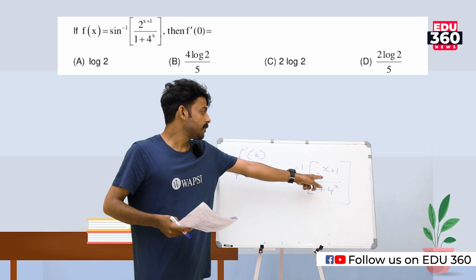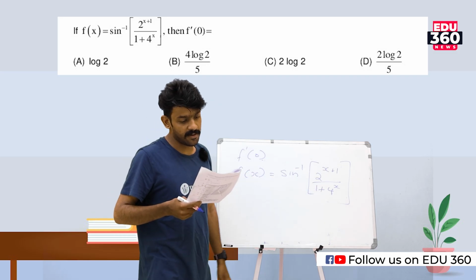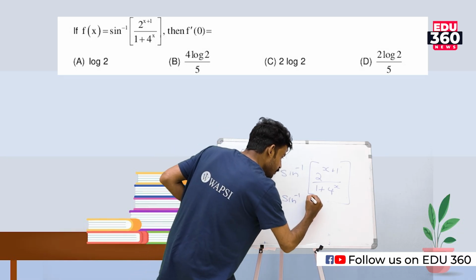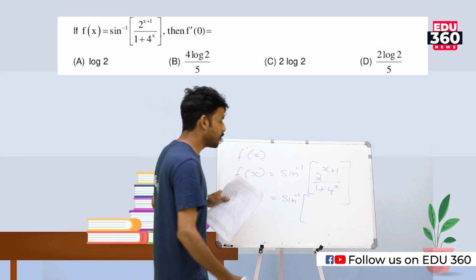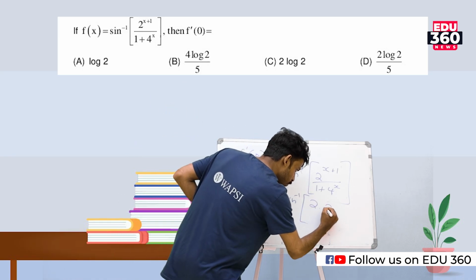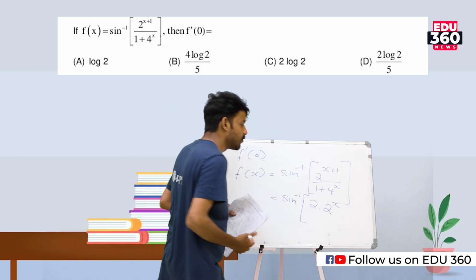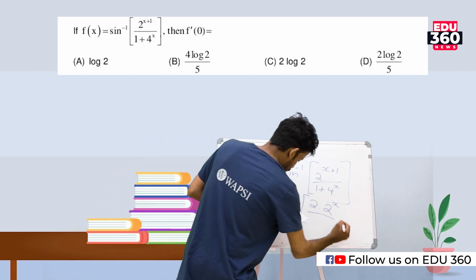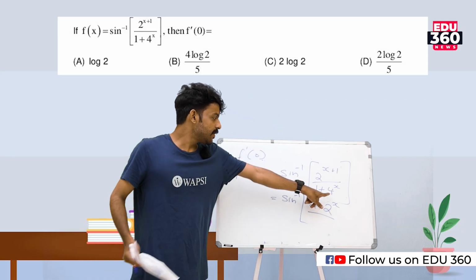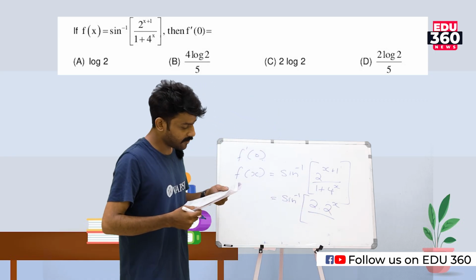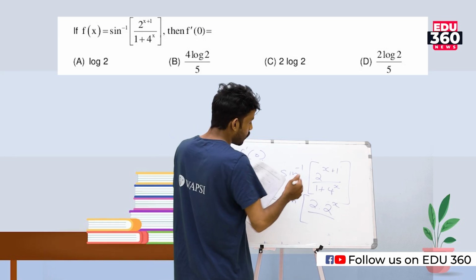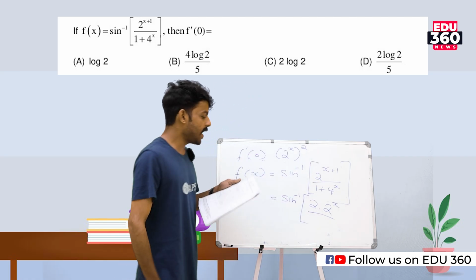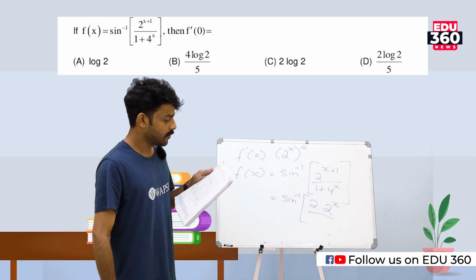So hereafter, 2 raised to x plus 1, we can split this. Let me write it as sine inverse of 2 raised to x plus 1. I am going to split this, so that is 2 raised to 1 into 2 raised to x, divided by, for 4 raised to x, we can write it as (2 raised to x) the whole squared.